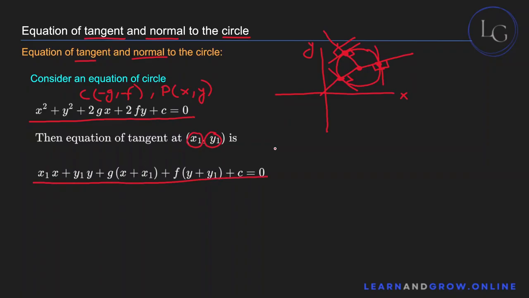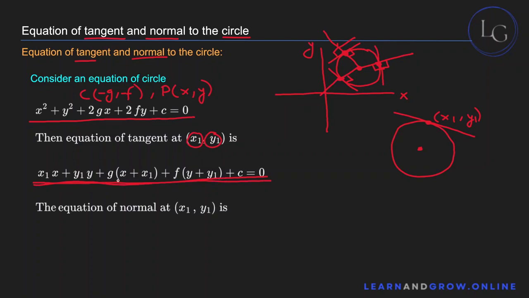So for example, again, let's just draw a circle in the coordinate axis, that's just a given. But let's say this is the point, and the coordinates are x1 and y1, and they told you to find the equation of the tangent at this point. So this line over here, you need to find the equation of this line. That can be given by this equation over here.